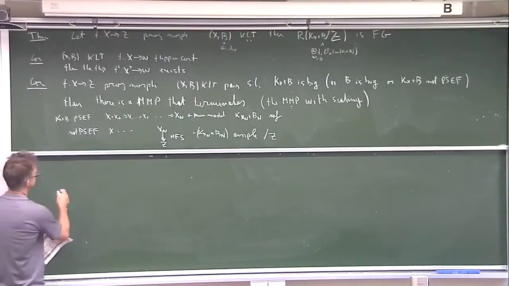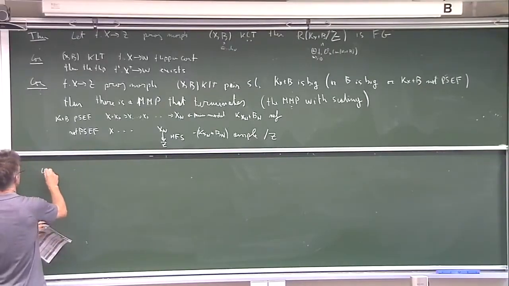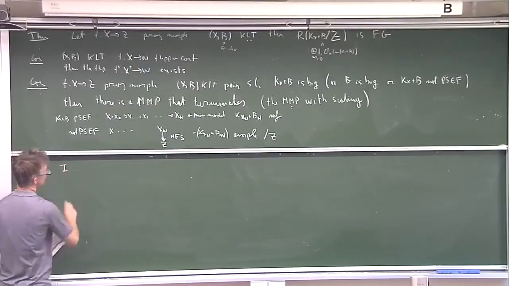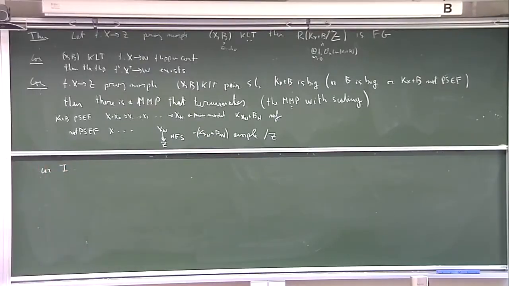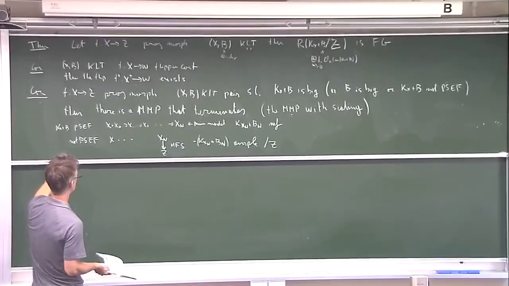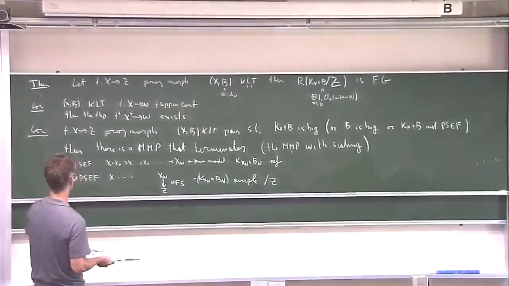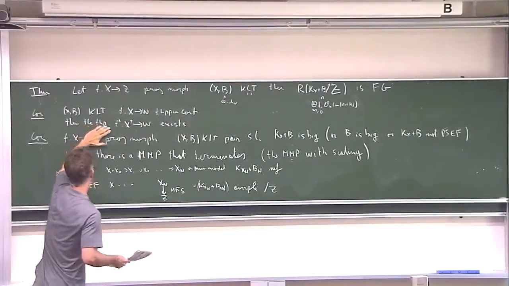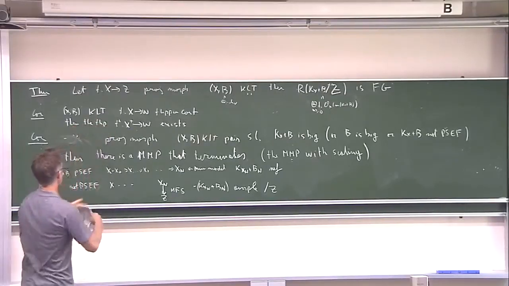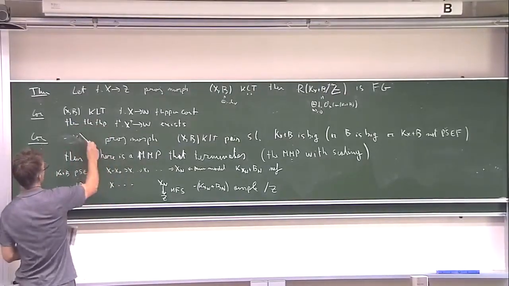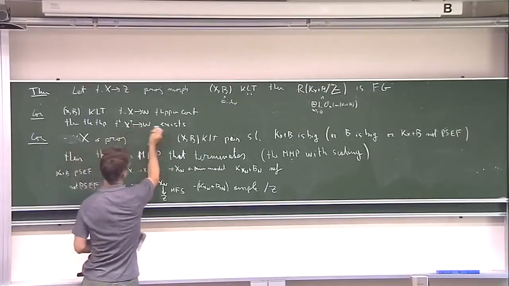Okay, so what's the other corollary? Yes, please. So you started with f going from X to Z, but your condition is K_X+B is big. Okay, so yes, the way I stated it, let's just say X is projective.